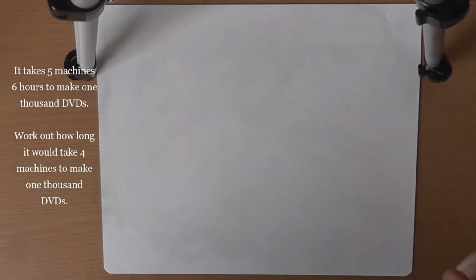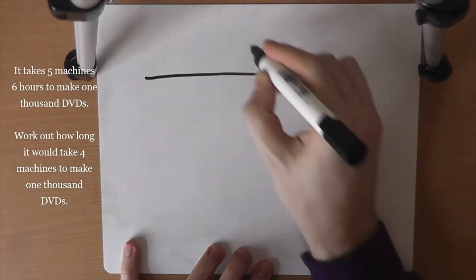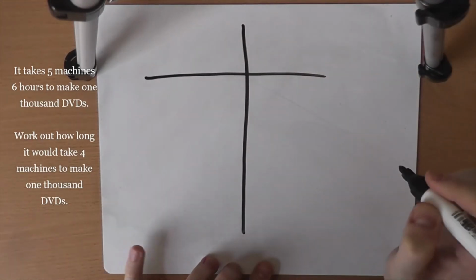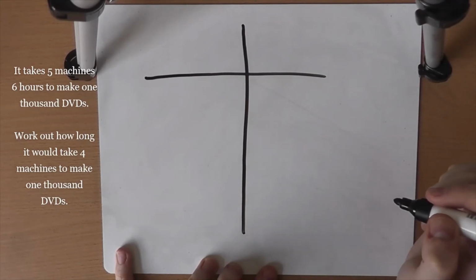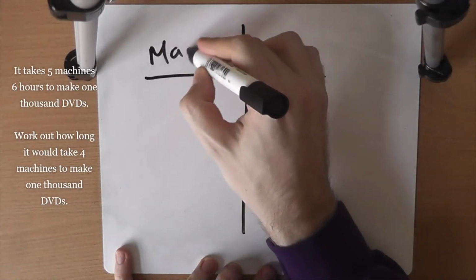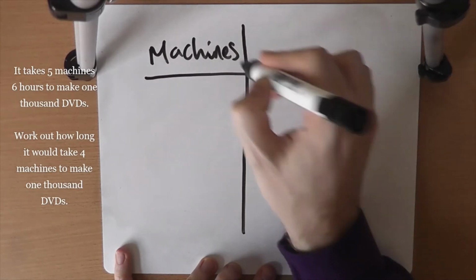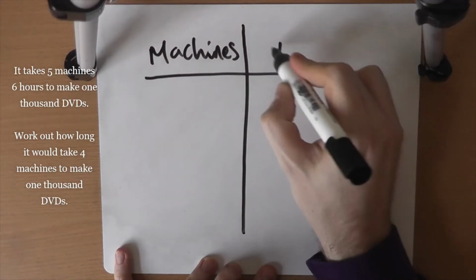It takes 5 machines 6 hours to make 1,000 DVDs. Work out how long it would take 4 machines to make 1,000 DVDs. So we need our 2 columns. Notice that there's an extra number in here that doesn't actually matter, because our 2 quantities, our 2 different ideas going on, are the number of machines and the time.